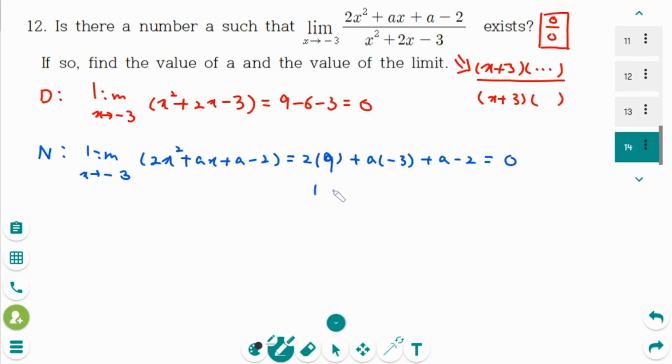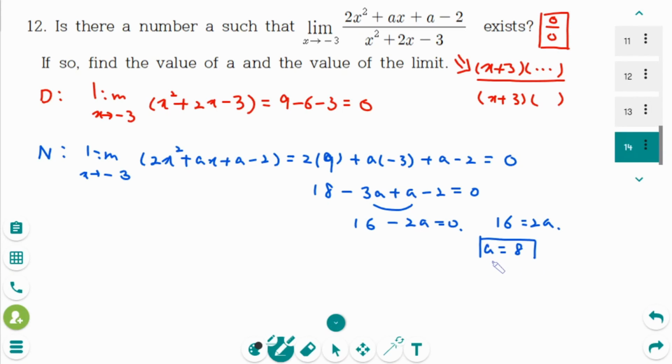So this is 18 minus 3a plus a minus 2 equals 0. So combine together, minus 2a. This is 16. So 16 equals 2a. Then a equals 8.